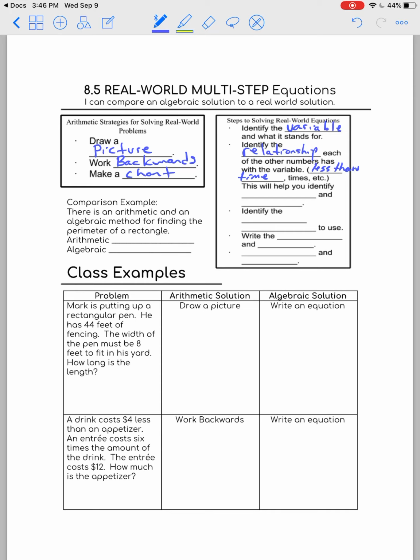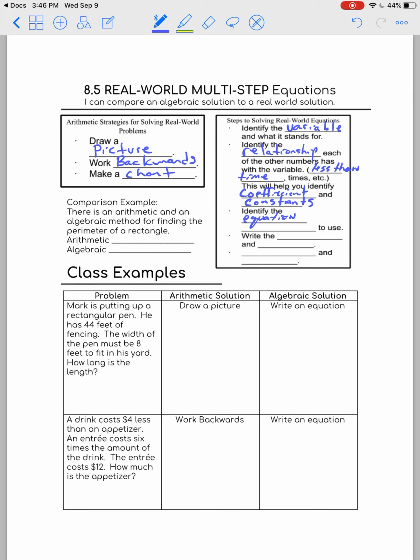This will help you to identify the coefficient and the constants. And then you need to identify the equation, and that can take a little work. But if you get all your numbers and the variables down and list them, it makes it a lot easier.